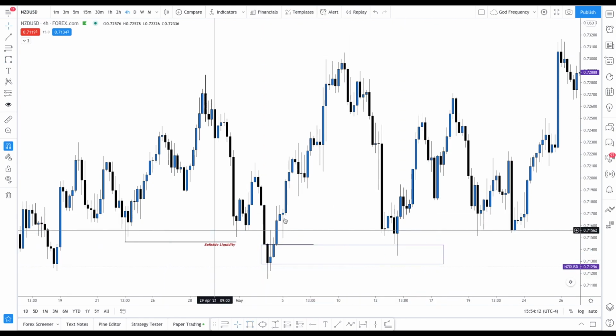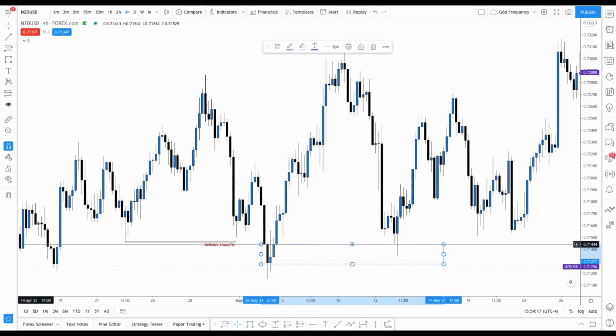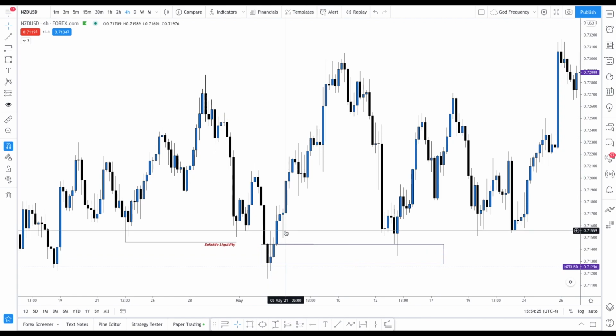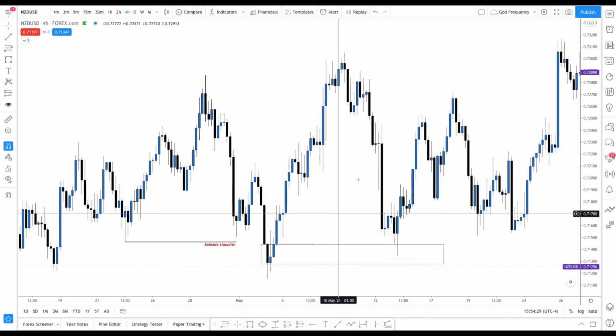I usually take entries depending on how it looks. On order blocks where there's not a really strong wick, I'll take it at the body, but if I see a pretty long wick, my point of interest would be at that wick.